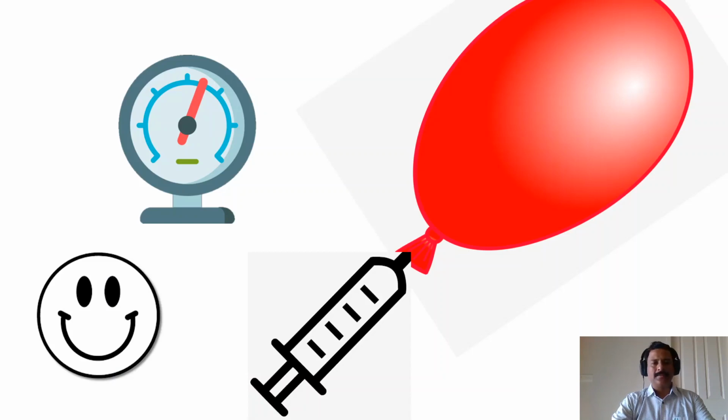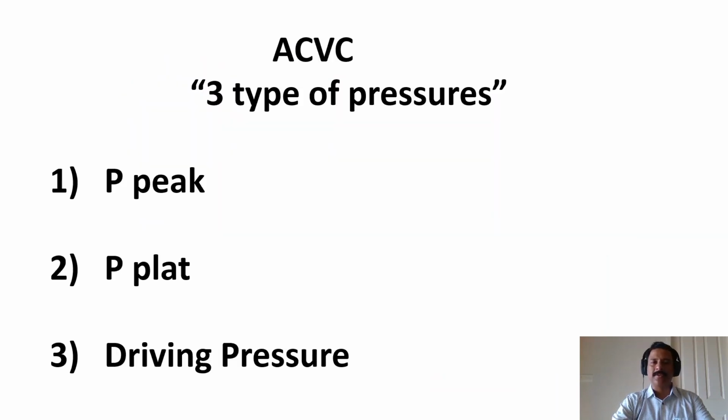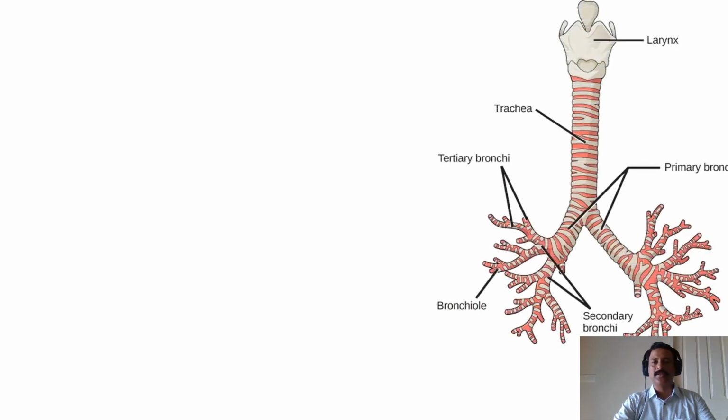So in the ventilator, to measure the pressures, we have three values. One is the P peak pressure, second is the P plateau pressure, and third is the driving pressure. I will try to explain these three things. What is P peak pressure? P peak pressure is basically the pressure due to the airway resistance. Whenever you are giving air, it should pass through the trachea to the bronchus.